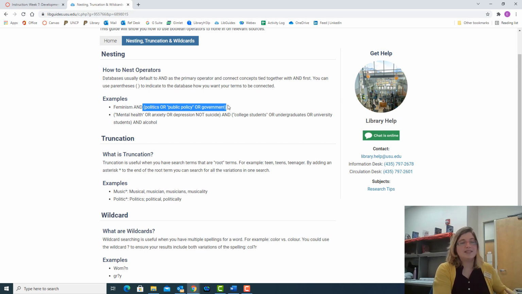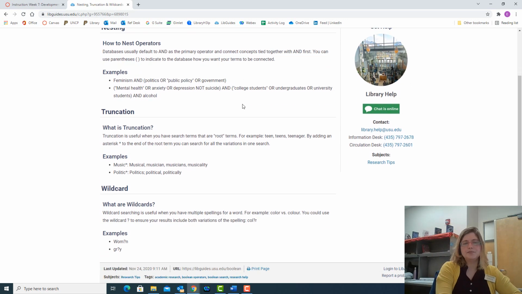So you're looking for feminism and one of those search terms that are nested together. Sometimes a database or a library search bar will automatically nest things that are typed into one search area. So you might see this coming up where terms are automatically nested by a database. And we'll talk about that a little bit later too.